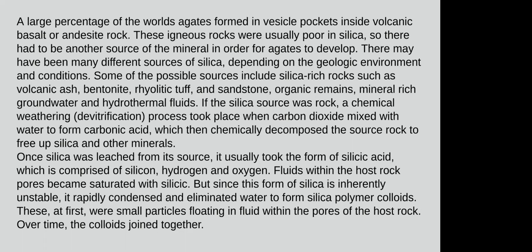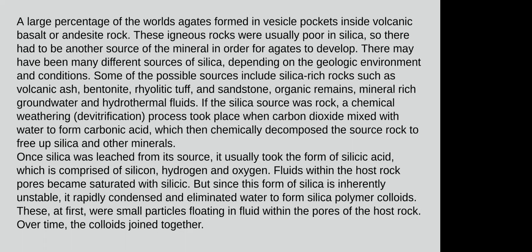and other minerals. Once silica was leached from its source, it usually took the form of silicic acid, which is comprised of silicon, hydrogen, and oxygen. Fluids within the host rock pores became saturated with silica, but since this form of silica is inherently unstable, it rapidly condensed and eliminated water to form silica polymer colloids. These at first were small particles floating in fluid within the pores of the host rock.